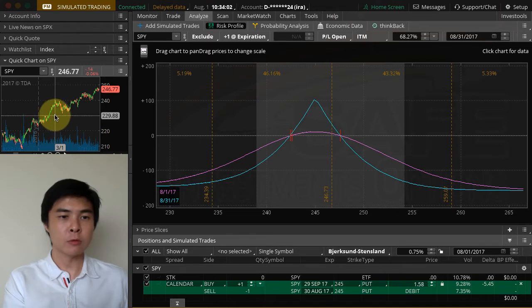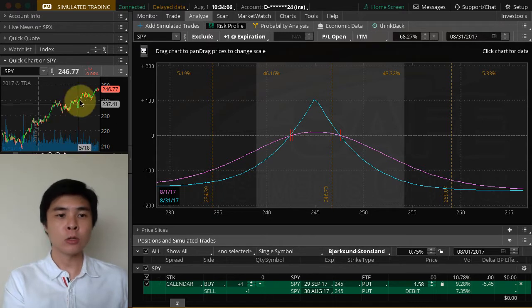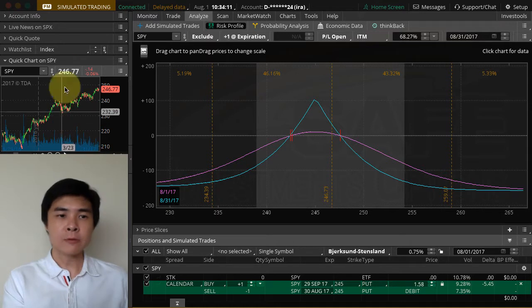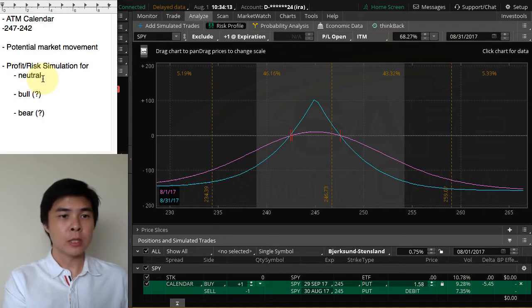End of February to March, it took one month and it can rally all the way up to 240. So that's a 10 points movement. That's for the bullish trend. So I'm going to take it down over here.